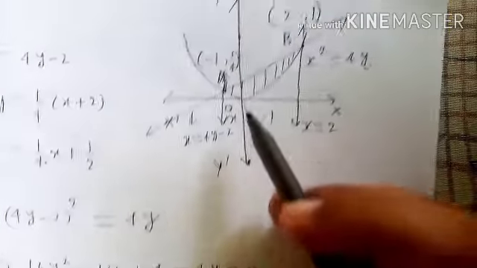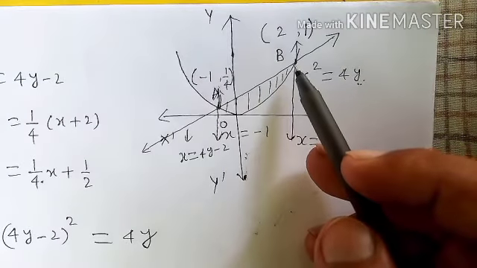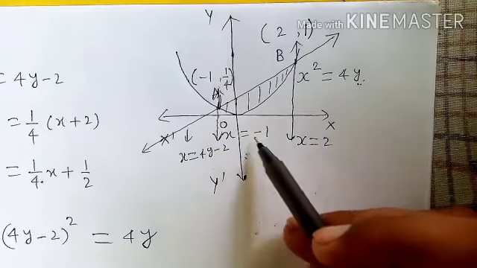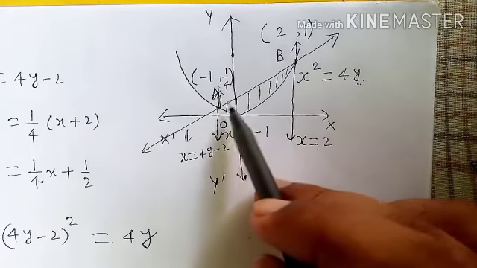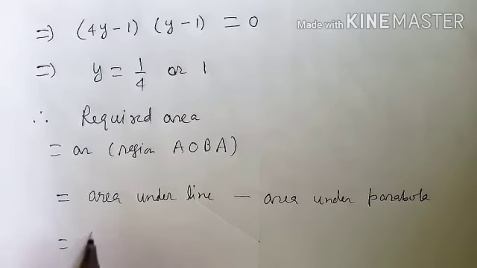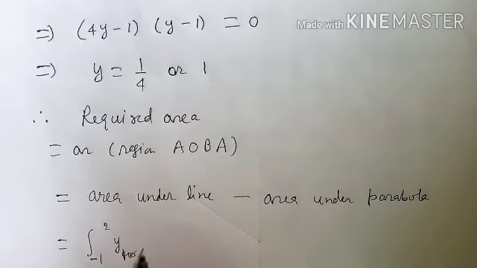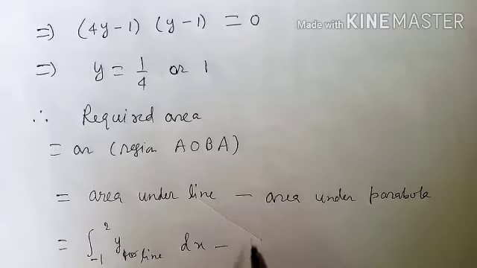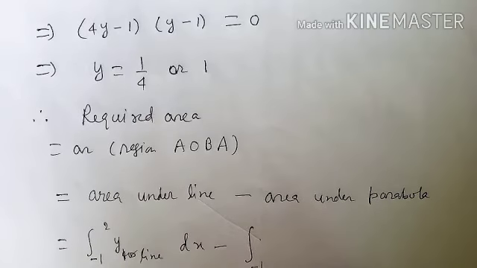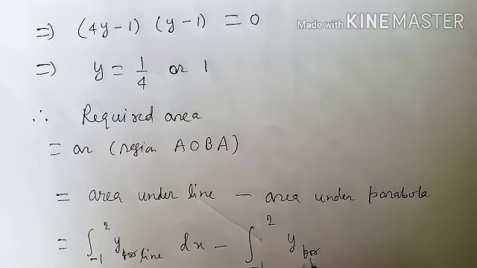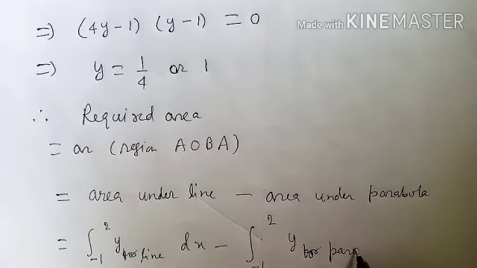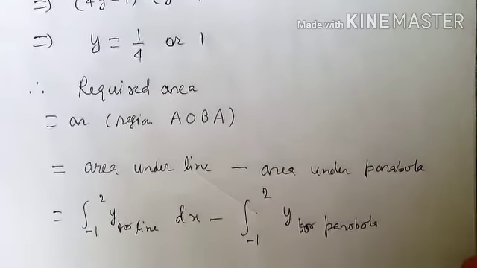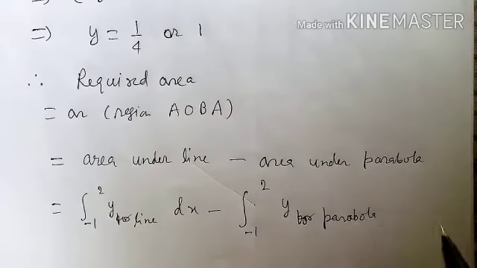Area under the line will be calculated as integral from minus 1 to 2 of y for the line dx, minus integral from minus 1 to 2 of y for the parabola dx.